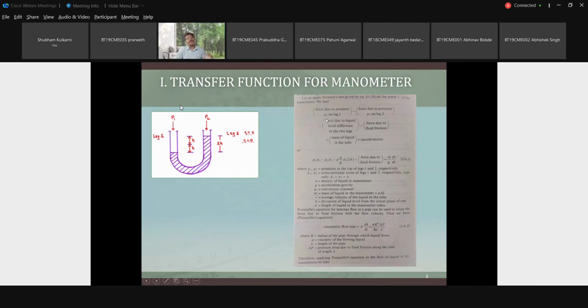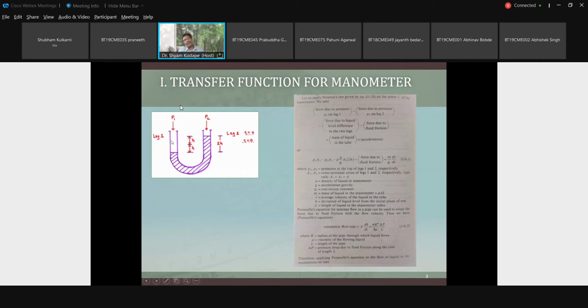So a number of forces are there. Some assumptions are there. Keep the air or any gas which is above the liquid in the U-tube at a very negligible density. Because when we apply pressure there, the air or gas above the liquid surface will also get compressed.